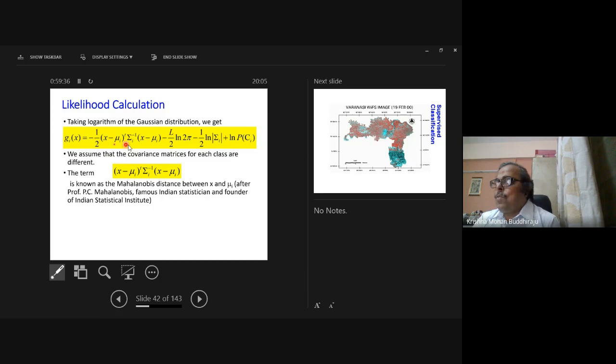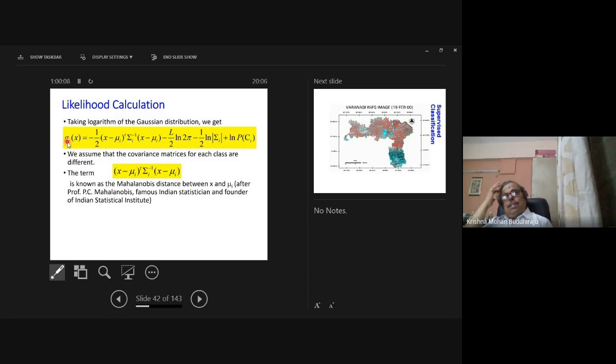For every input data vector x, you have to compute this, and then you just add the extra terms, which are computed once. So G1 of x for class 1, G2 of x for class 2, etc. And finally, whichever comes out highest, the data vector is assigned to that class.